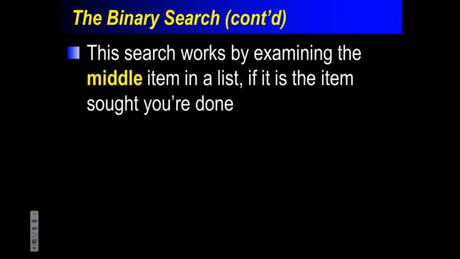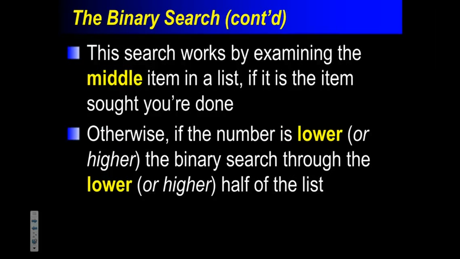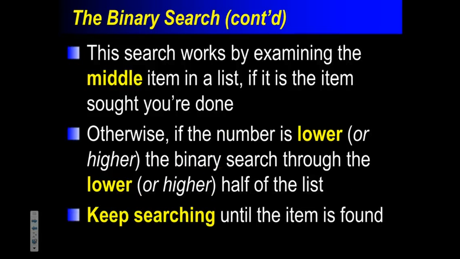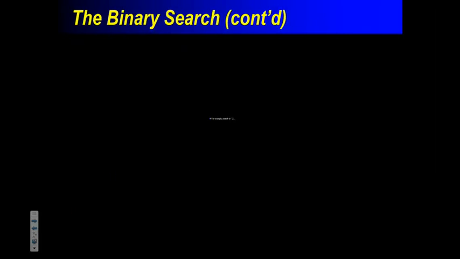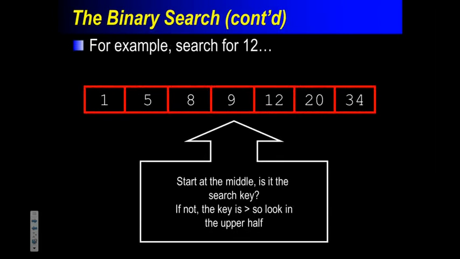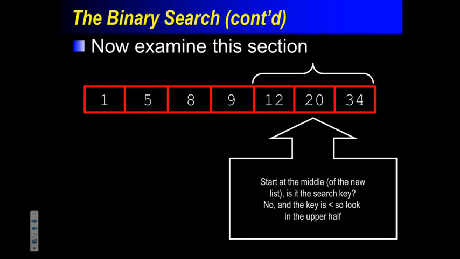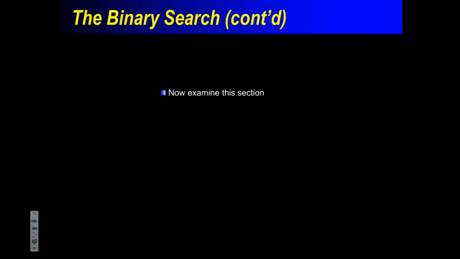By examining the middle of the list, if the item is the one you're looking for, you're done. And then whether it's low or high, it will adjust the search criteria until it finds the item or until low or high collapse on each other, which means that the item's not in the list, okay? So in the code, I have examples of this in play that I did on the projector as well. So it can start in the middle and it can keep dividing the list in half and in half.